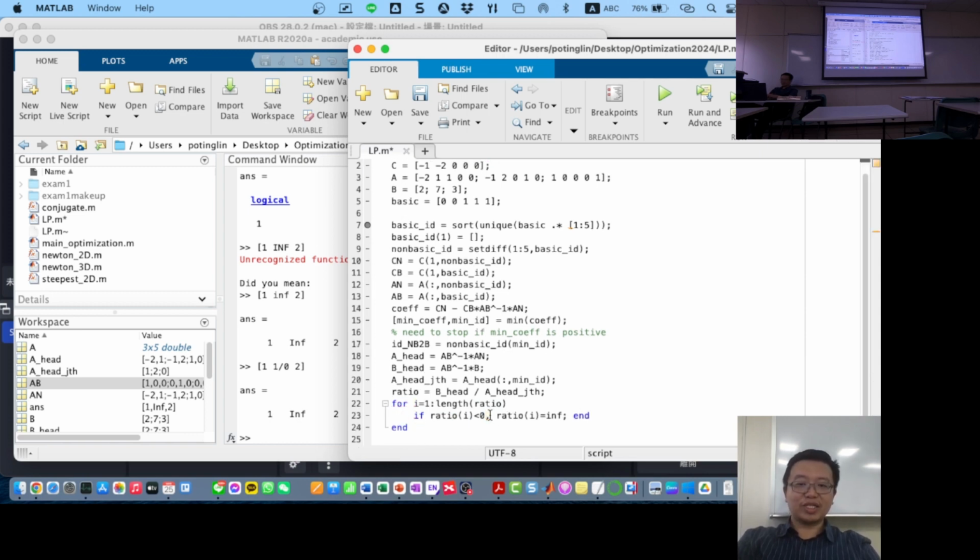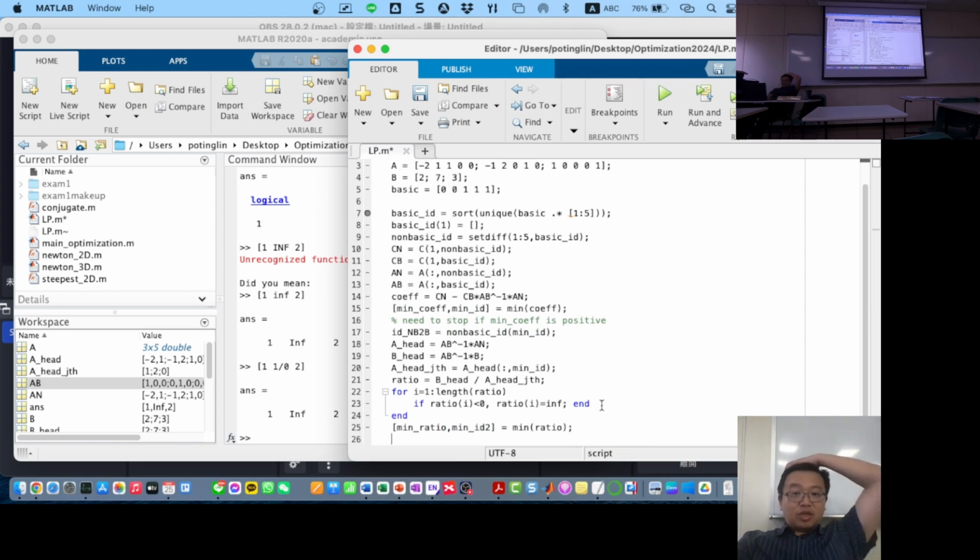Okay, why do I do that? Because I would like to use the same trick. I will use the min function. So over here, again, min ratio. And I'm going to call this min ID2. And min ratio. Okay? So if it's negative, it will be thrown to infinity.